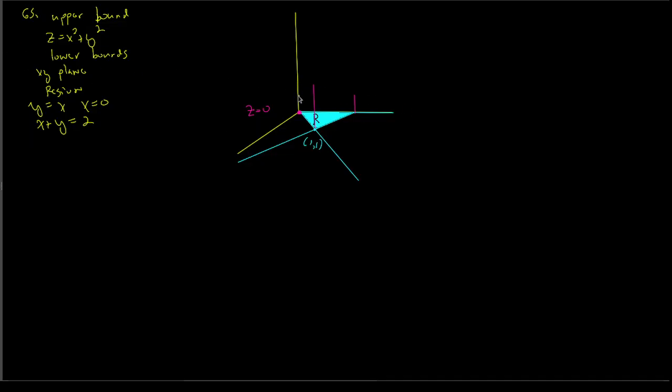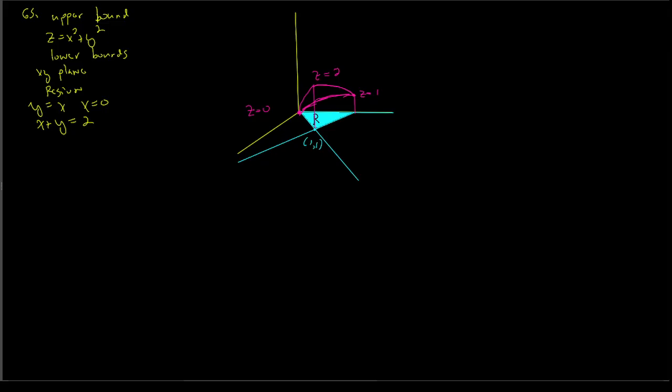So we have z equals 1, and there's z equals 2. And so this is our kind of wedge-like shape with the triangular region and this paraboloid coming above it with its own curvature coming across.